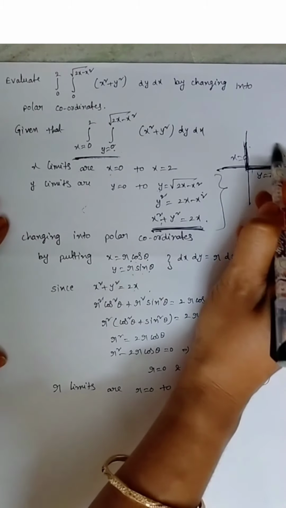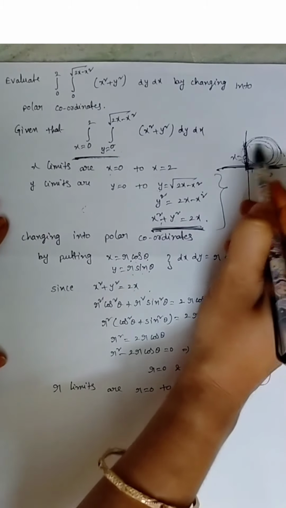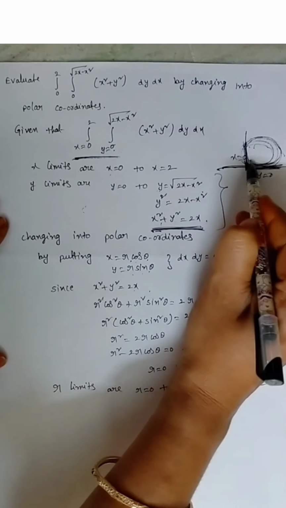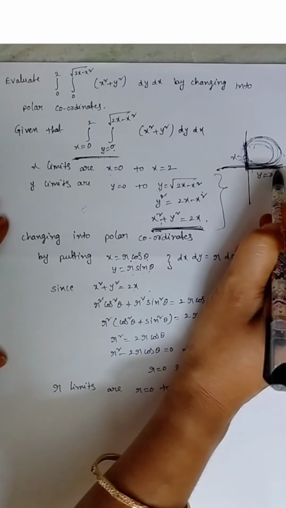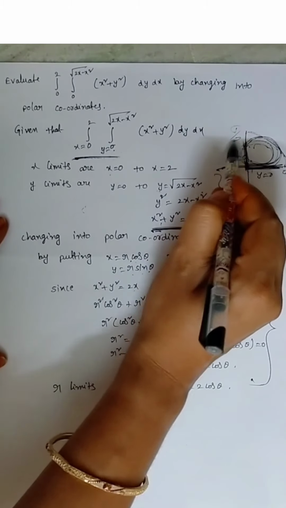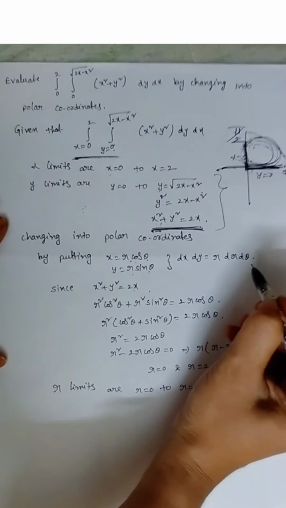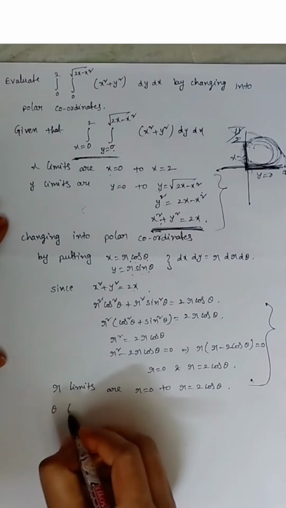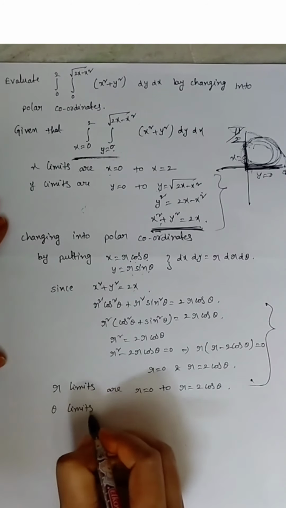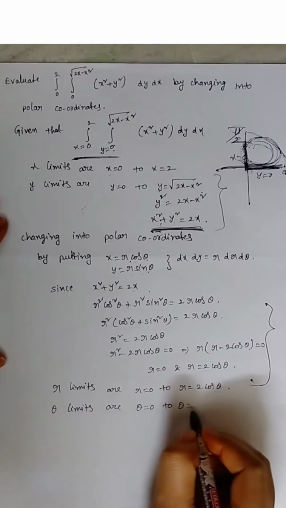That means the region is in the first quadrant only. The region is in the first quadrant, so what will be the theta limits? The region is in which angle? 0 to pi by 2 only. The region is only in 0 to pi by 2 angle. So therefore, what do we get as the theta limits? Theta limits are theta equals 0 to theta equals pi by 2.